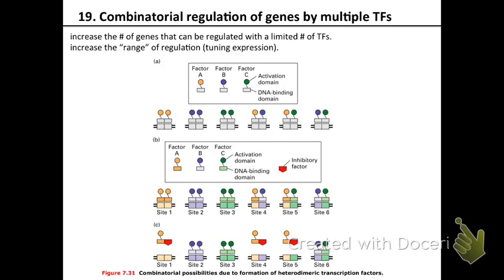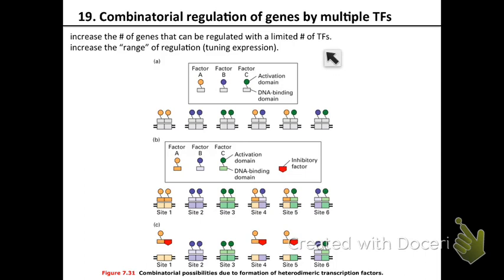The combinatorial control is shown in this figure. If there was only one transcription factor to regulate one gene, for 20,000 genes, you would need 20,000 transcription factors, right? Because every gene would have its own transcription factor. But that's not how it works. We have a small number of transcription factors that control multiple genes, okay?